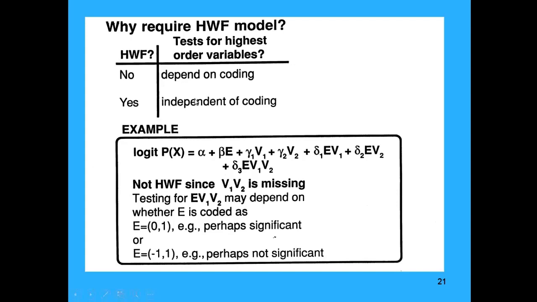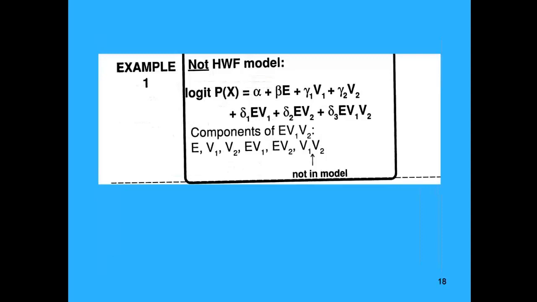The answer says, if the model is hierarchically well formulated, if it's a legitimate model, so you've got this model that all the lower components are in the model, if it's hierarchical, then it turns out that any tests you want to do about any variable, and particularly for the highest order term in the model, go back to this model. What's the highest order term in the model? This one, right?